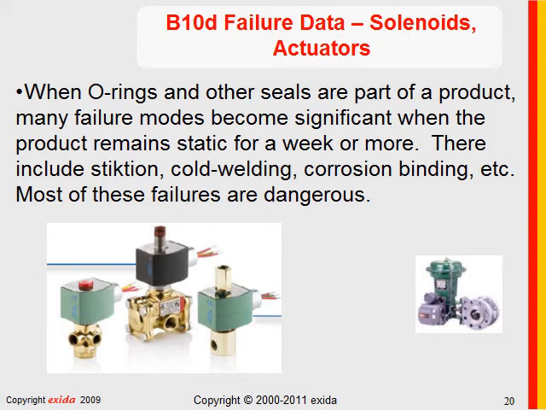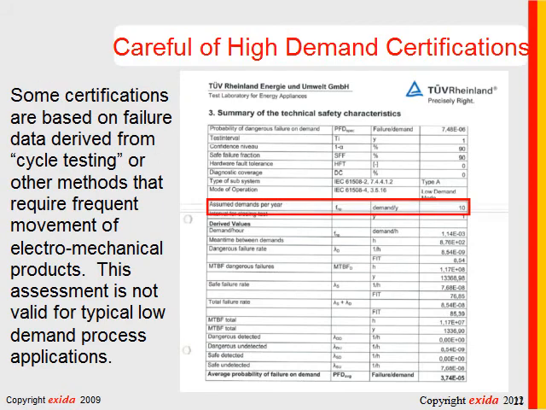In a normal de-energized to trip process industry application, most of these failures would prevent the product from performing the trip function and would be classified as dangerous. None of these would ever appear in a cycle test failure, in a cycle test. None of these failures. So again, what we have is a failure rate that would be much higher in low-demand applications.